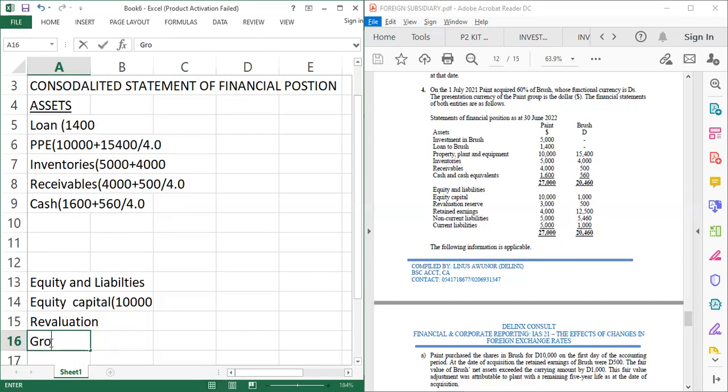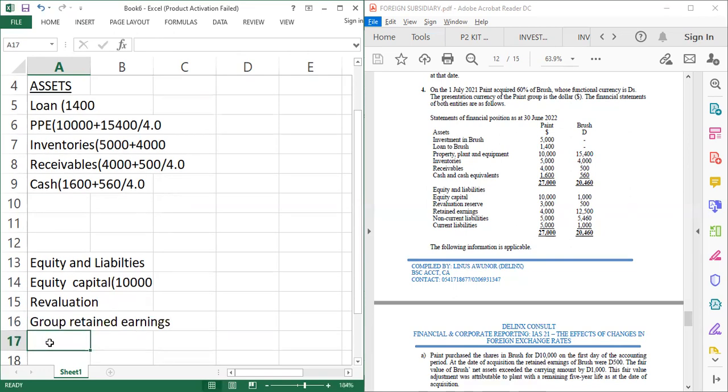So this will be changed to group retained earnings. Then we are going to bring non-controlling interest here, the NCI. We are going to do workings for that.